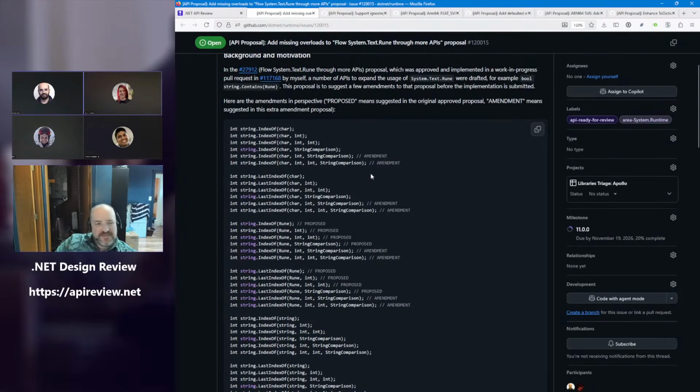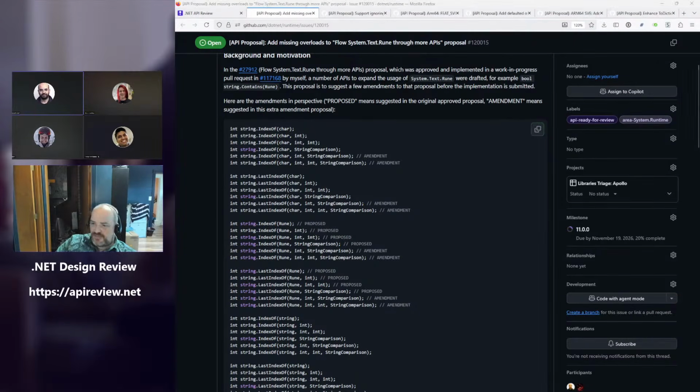Basically we recently added some overloads in different classes like string to handle rune, with index of rune and some stuff like that. This person who opened this proposal was helping add these overloads that we already added in the last few days.